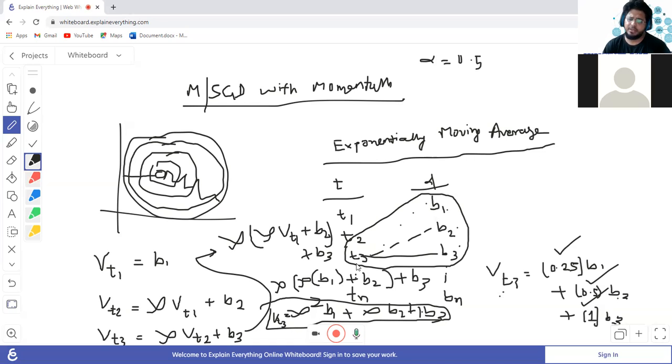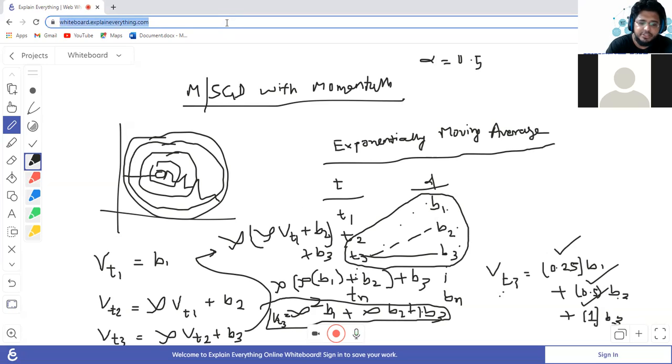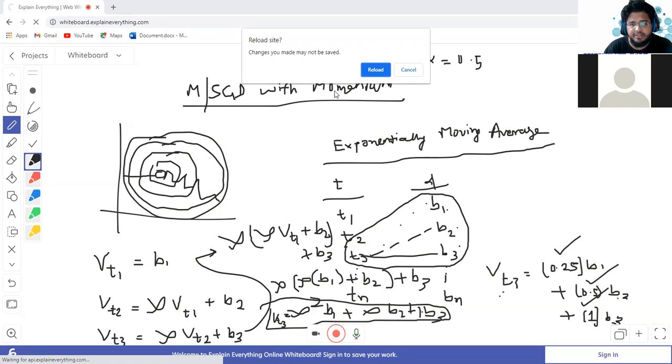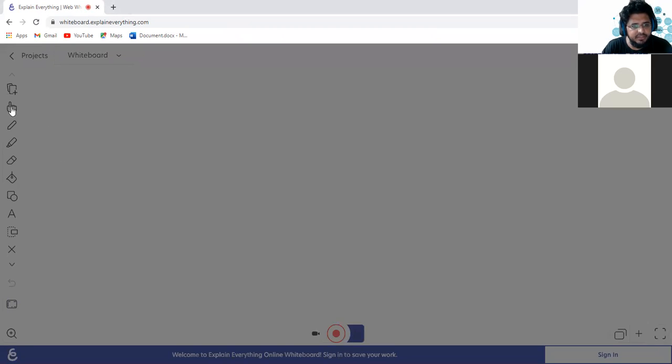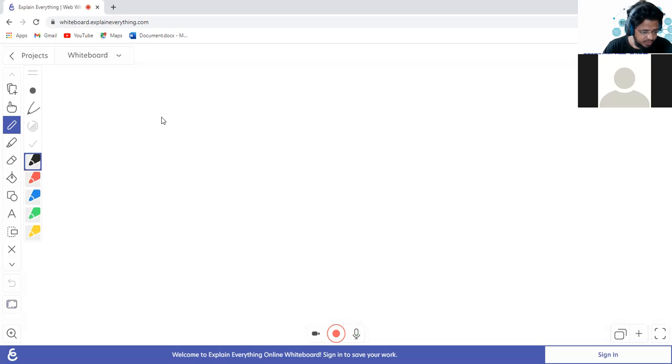And this applies for tn. So this concept is called the exponentially moving average concept. And this is exactly what is changed in our SGD formula, which is SGD with momentum.